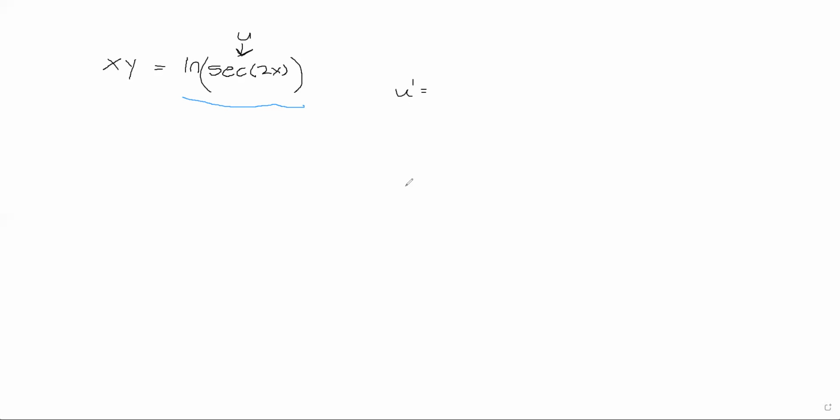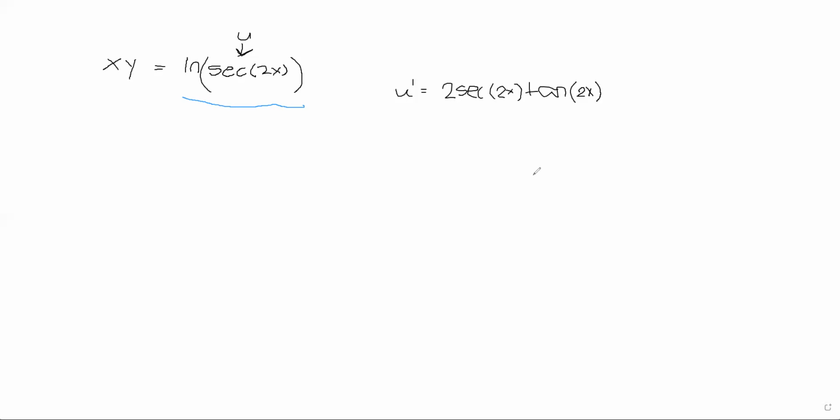I think the derivative of secant is secant times tangent. Am I right? Yep, secant of 2x times tangent of 2x. And then the chain rule tells us we just multiply that by 2 because that's the derivative of our inner function. Wait, actually, the derivative of secant of x is secant x tan x, so it would just be secant 2x tan 2x.